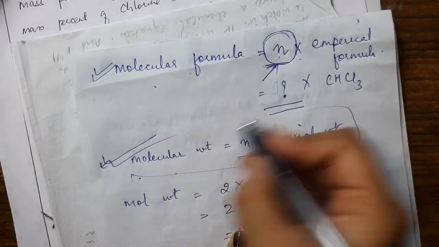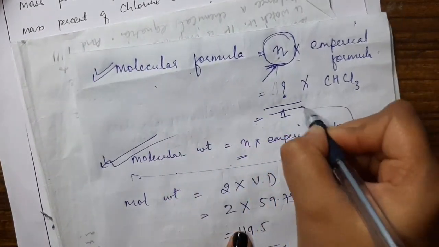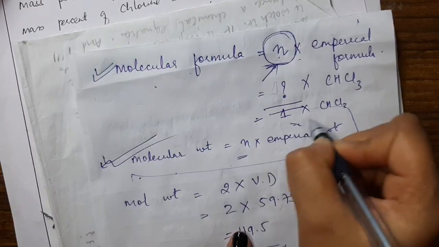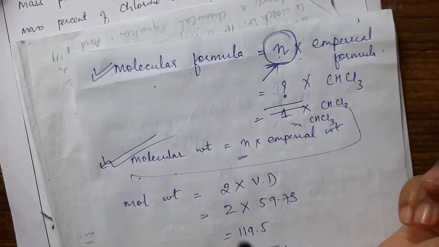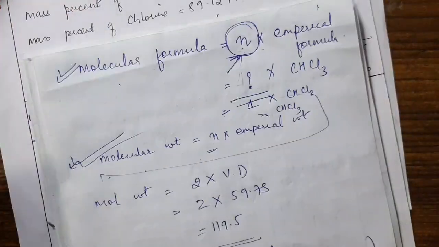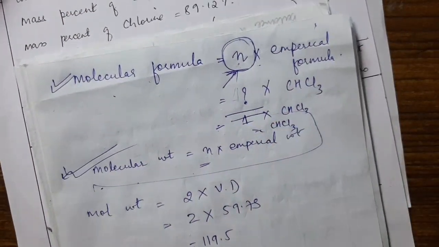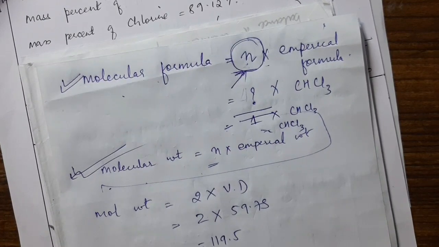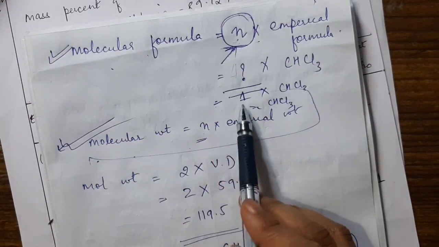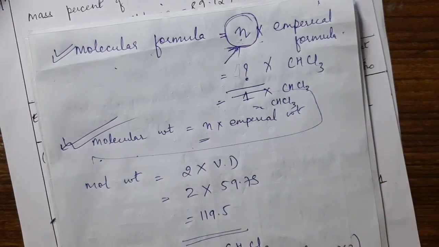So molecular formula equals 1 into CHCl3 equals CHCl3. So for this question we have the molecular formula and the empirical formula the same, CHCl3. For other compounds you may get n value 2, 3, 4 like that.